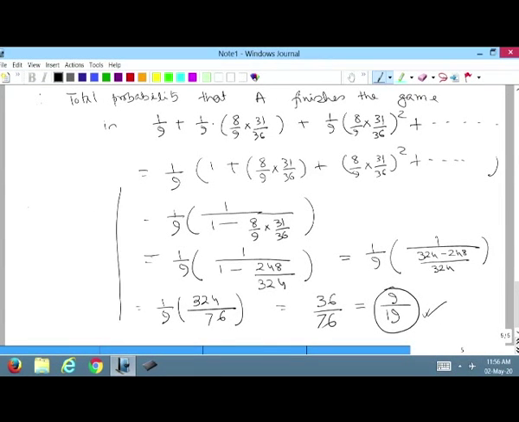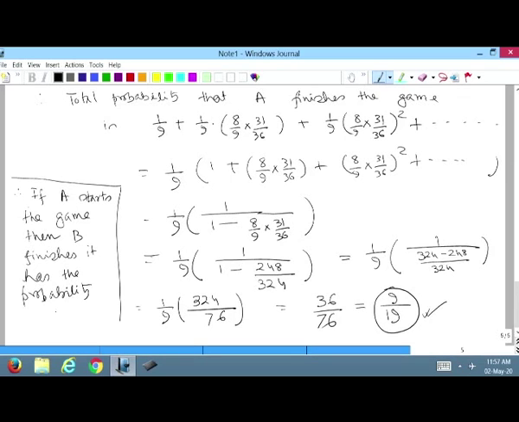Therefore, we can easily see that if A starts the game, then B finishes it with probability 10/19.